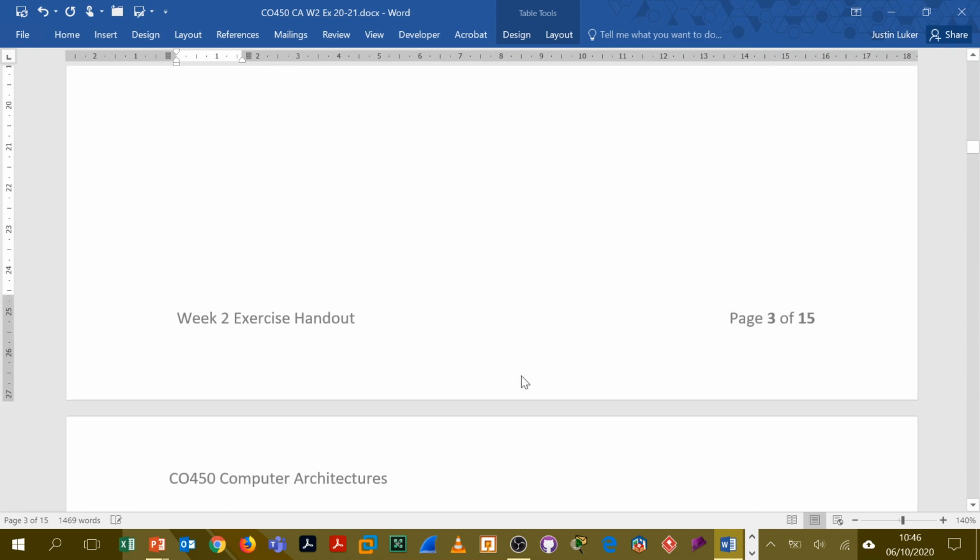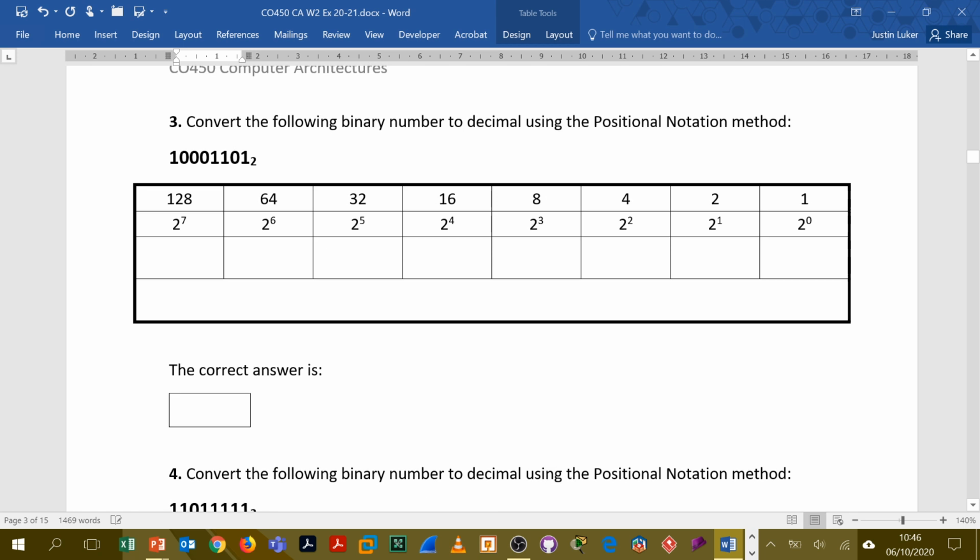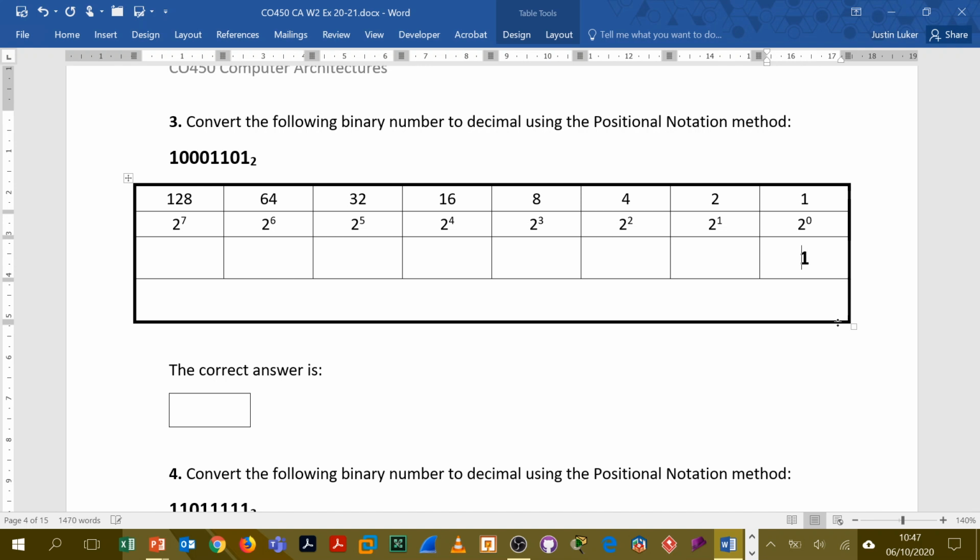So let's do another one. So let's again put that number in. So this time we've got 1, 0, 1, 1, 0, 0, 0, 1.